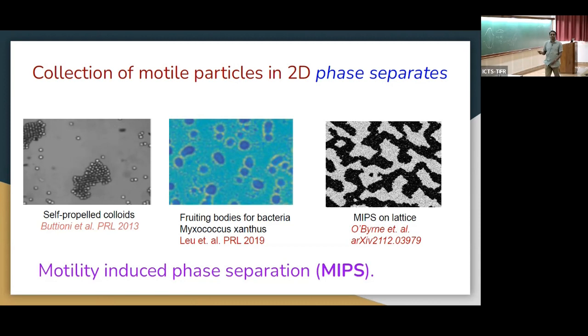This is the question we'll be asking, but not in 2 dimensions, rather in 1 dimension. This phase separation occurs not because of interactions, but because of motility. There is no interaction except the hardcore interaction. It is only the motility which induces this kind of phase transition. Just a collection of bacteria produces this. So this is motility induced phase separation, MIPS.